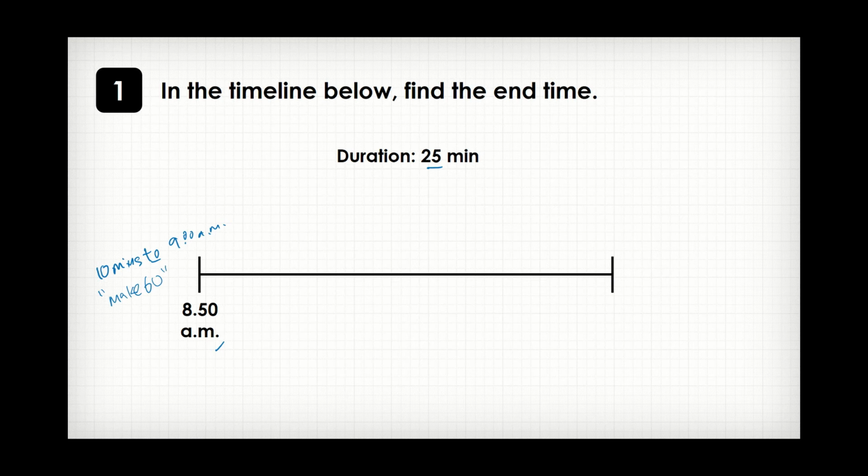Because 60 minutes make up one hour, 60 minus 50 tells us there's 10 more minutes to go before it reaches the next hour. And we will take out 10 minutes from the 25 minutes to reach a convenient middle marker of 9 a.m. Now, since we have taken away 10 minutes from 25 minutes, we are left with 15 minutes.